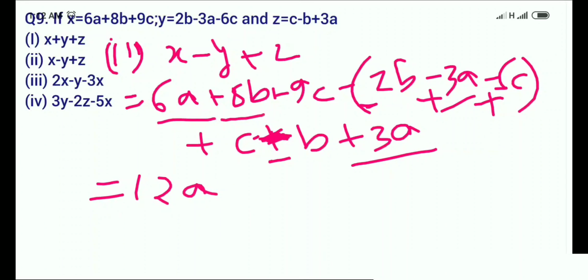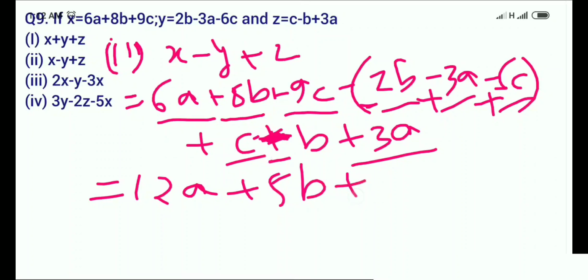Then 8b minus 2b, that is 6b, minus b again, that is plus 5b. Then 9c plus 6c equal to 9 plus 6, 15c plus c, 16c.